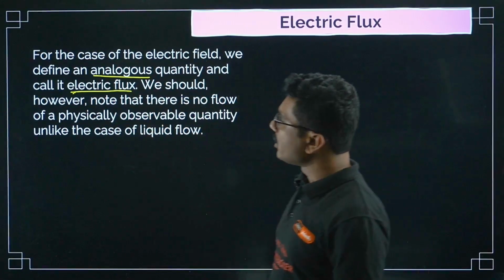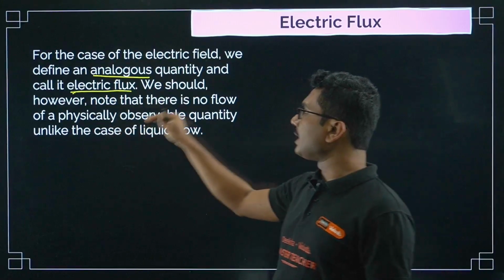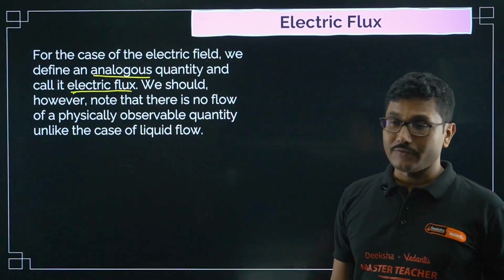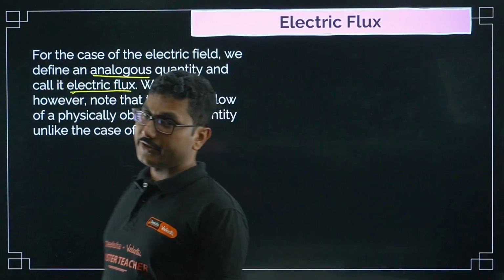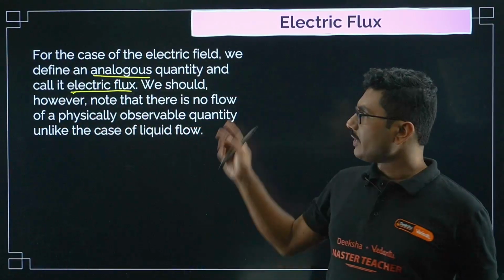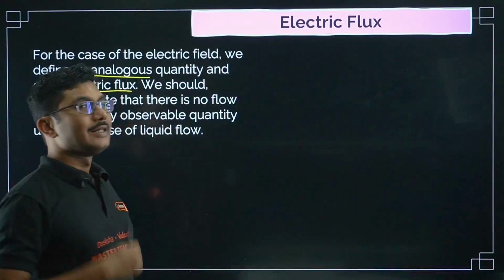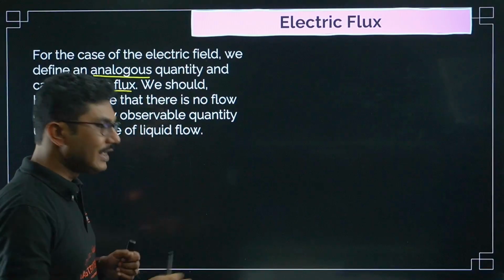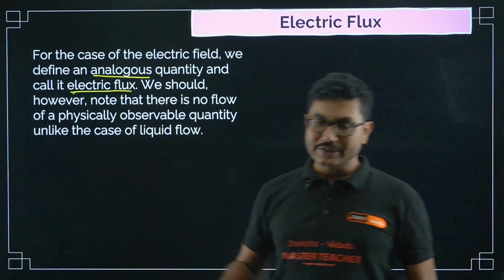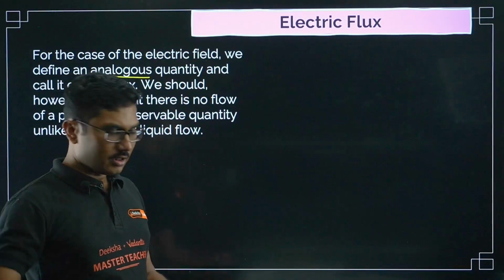We should, however, note that there is no flow of a physically observable quantity, unlike the case of fluid flow. So in case of fluid flow, the liquid is flowing. In case of electric field, there is no such flow, but the field lines which are pointing in a particular direction can be considered to be a kind of flow.